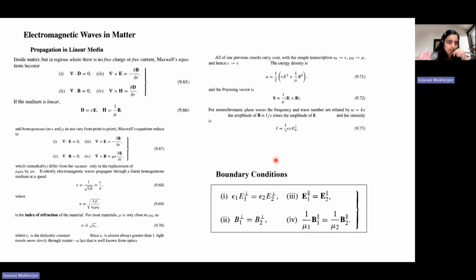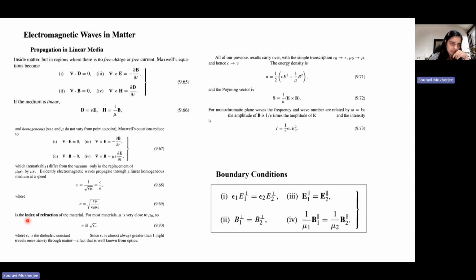For any other medium with some permittivity epsilon and some permeability mu, this is how your equations will get modified. The velocity of the wave will change, and the ratio of the velocities gives us the refractive index.